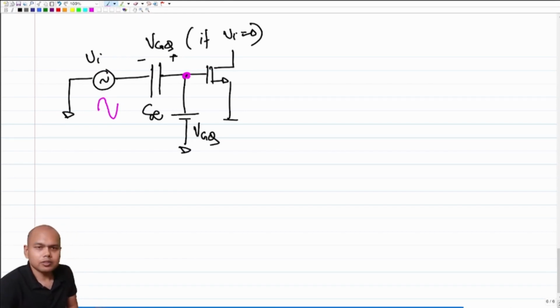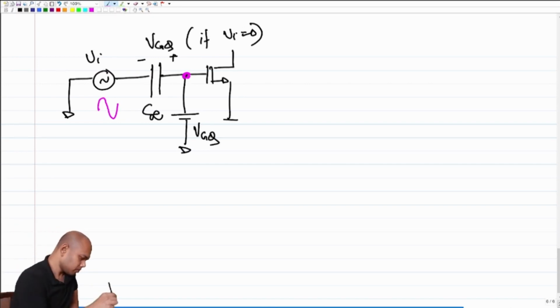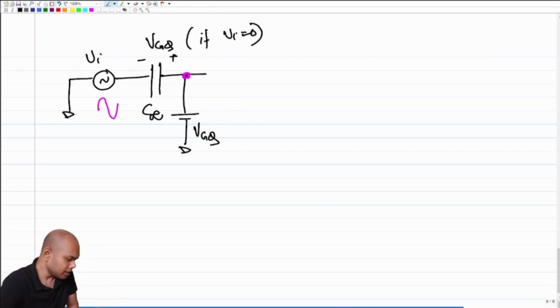So what's the solution? To understand this, let's try to figure out what is the root cause of the problem. Let me get rid of the MOSFET for the time being, and let's concentrate on what is happening. The problem here is that when Vi is swinging, this voltage is stuck at VGQ, right?